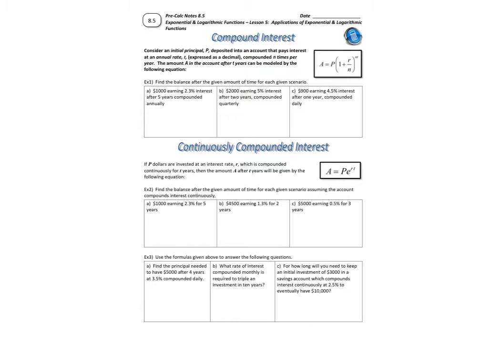Then on the last page, we'll talk about some applications of logarithms, like using logarithms to compute pH value of acids and bases, and using logarithms to compute the strengths of earthquakes.